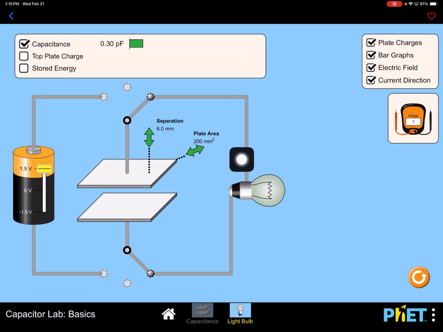This could be somebody's heart. You could jump start the heart. That's a defibrillator. And in a pacemaker, the capacitor gets charged, and then periodically you send a pulse through a person's heart, 60 or 70 times a minute, to make sure it beats properly.